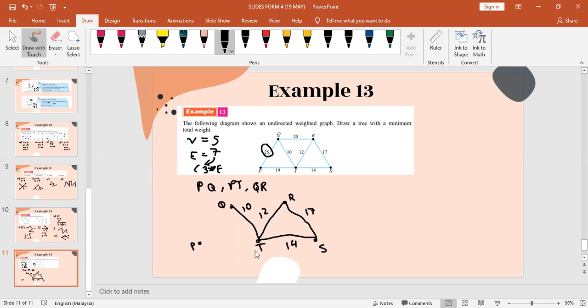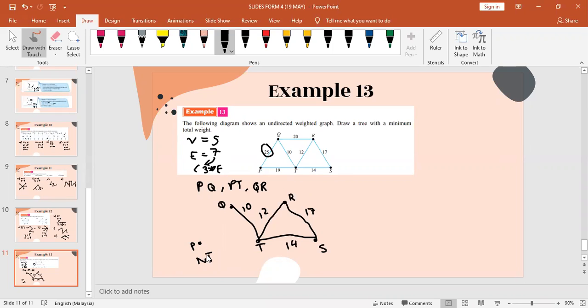Okay, so kita kena tentukan, is this subgraph a tree or not? No, right? Kenapa bukan tree? Because P ni dia tak connect dengan mana-mana vertices lain. Sebab kalau dia tree, dia kena connect dengan vertices lain.